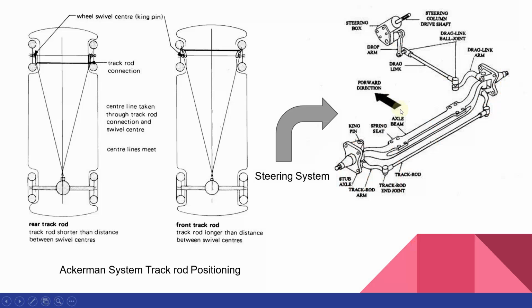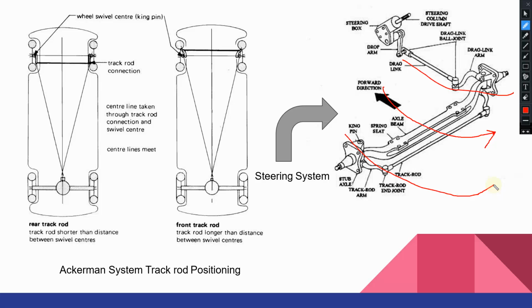And when the vehicle is undergoing a turn in the other direction, suppose the vehicle has to move in the curve in the other direction, after the steering is turned, the stub axle will move in this direction, so that the wheel is turned in this direction, and this stub axle will also be turned through a new angle here, so that the wheel is also turned like that.